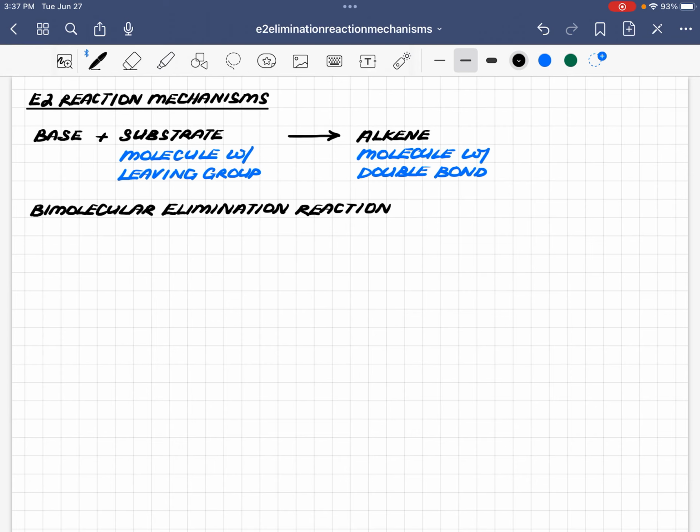Let's take a look at what happens during an E2 reaction. So let's take a look at a reaction mechanism.